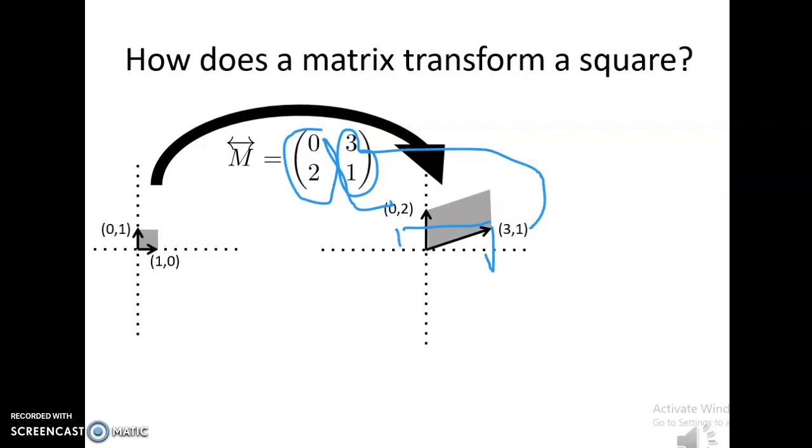This 0 here. These 2 up to here. These 3 up to here. This 1 up to here. So now we have the transformed square. Perfectly.